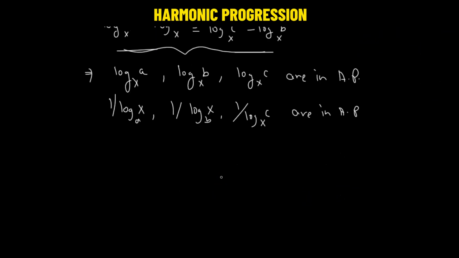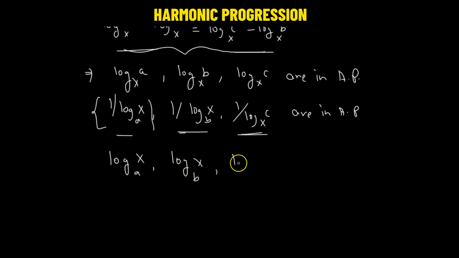Now we have to take the reciprocal of each of the terms. So the reciprocal of 1 over log x with a base a is simply going to be log of x with a base a. Then the reciprocal of the second term will become log of x with a base b.